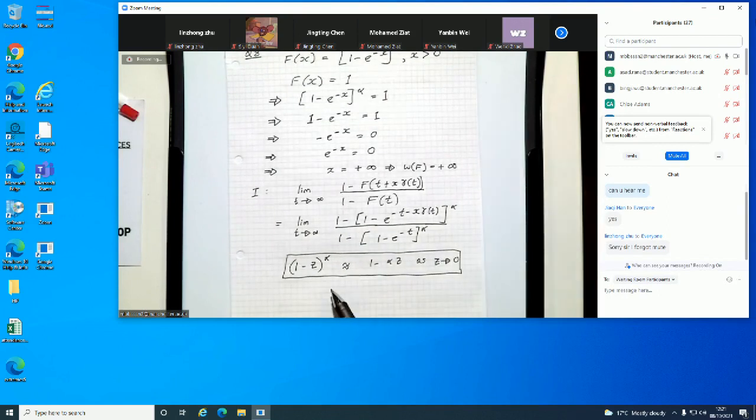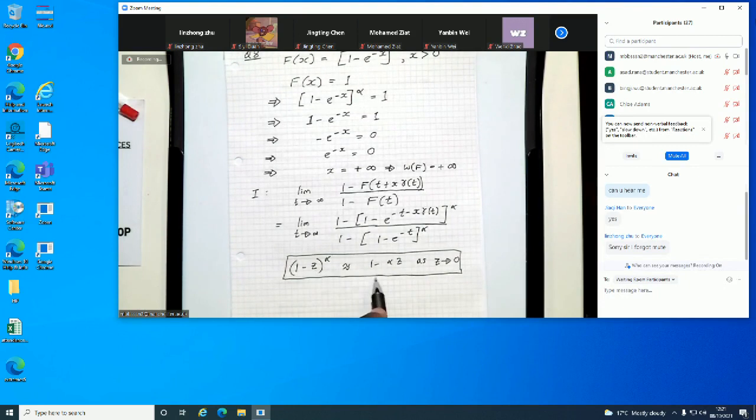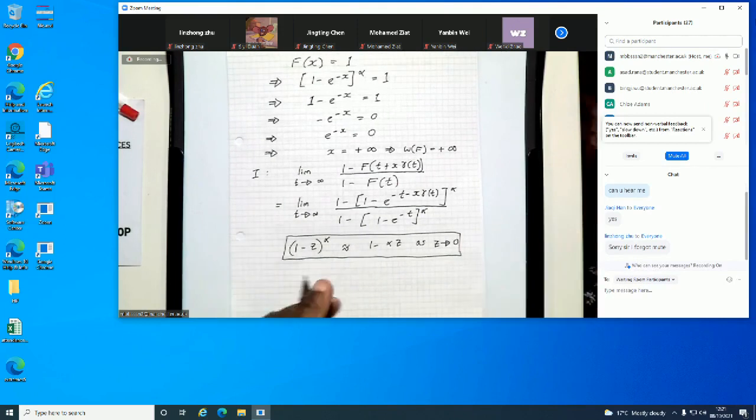That if you have something like 1 minus z to the power alpha, it behaves like 1 minus alpha times z if z approaches 0. Do you know this or not? It's a basic result. You might know this or you might not. If you don't know this, try to remember this, okay?